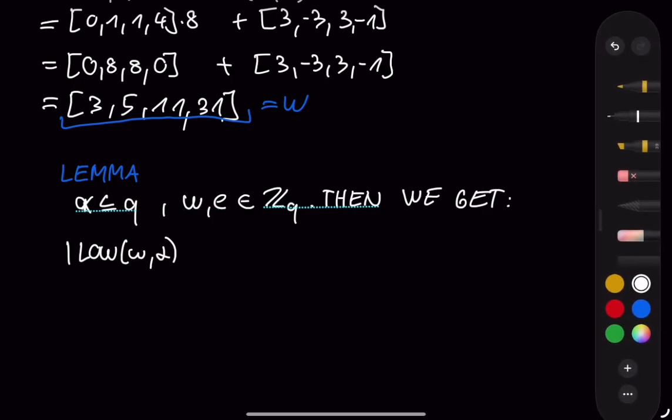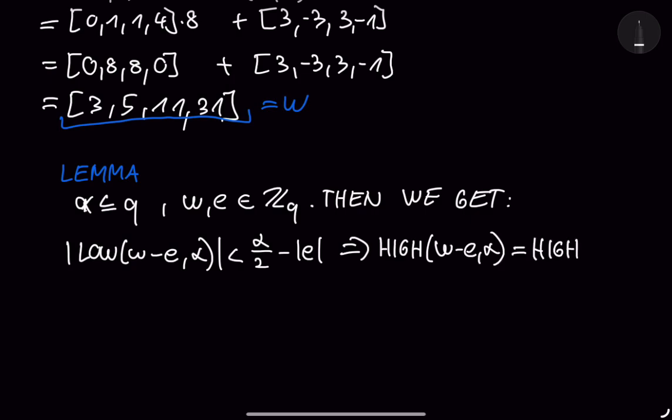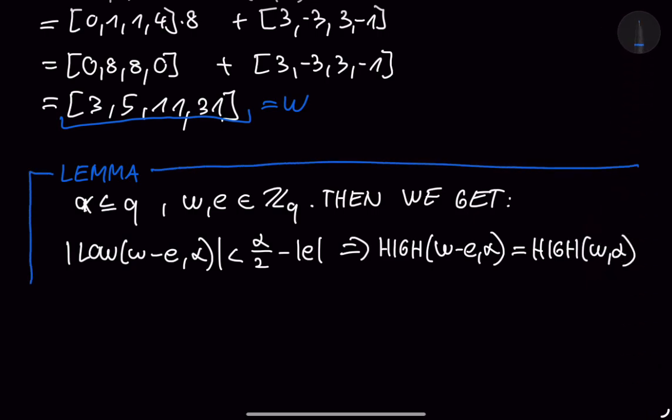Oh, sorry, I want to subtract E first. And if this is smaller than this, we achieve that the high value of W minus E is the same as the high value of W. So this noise, this minus E, disappears. It's robust against this kind of noise.